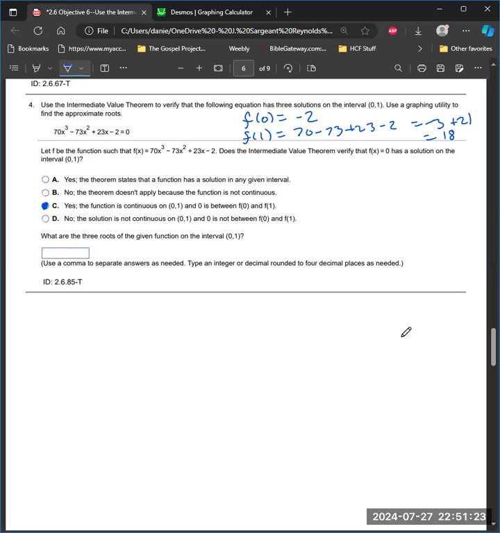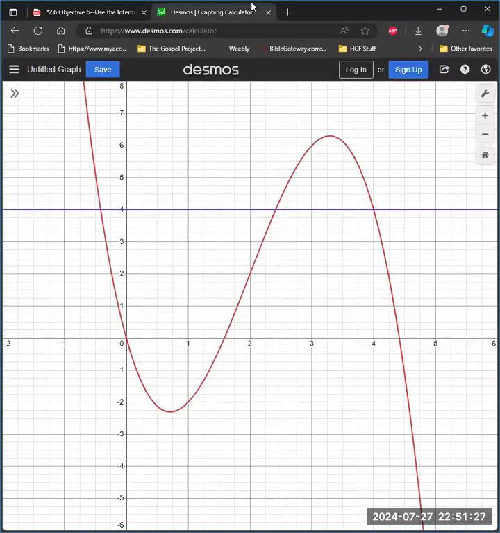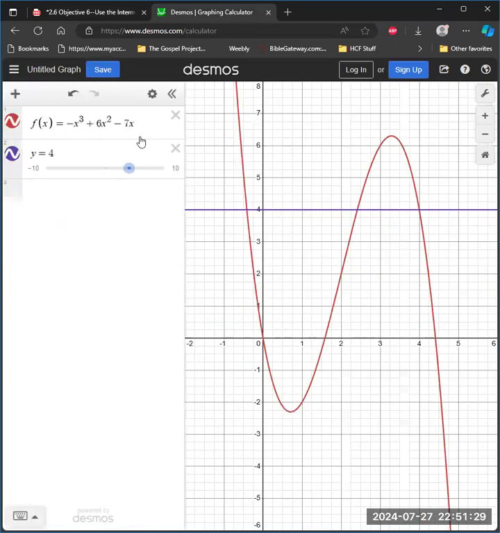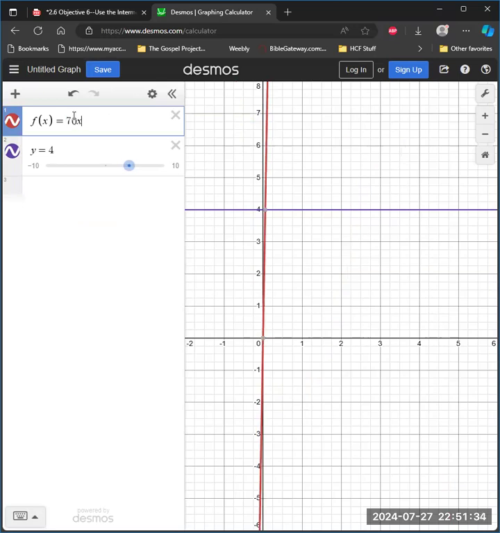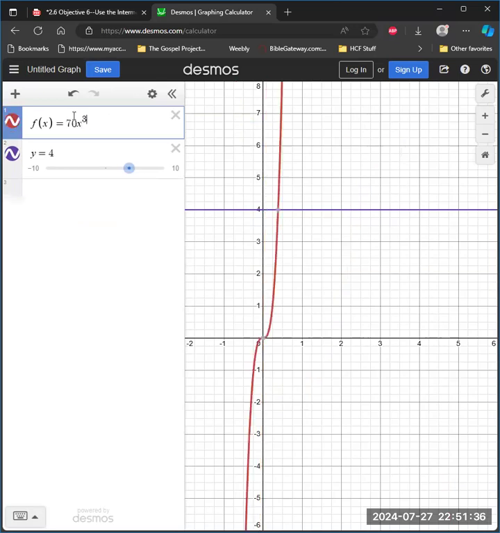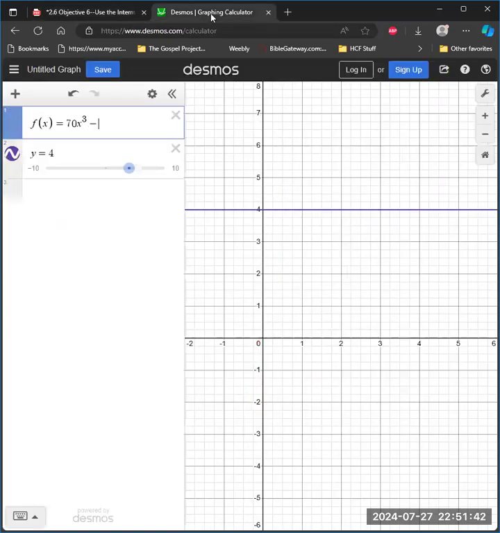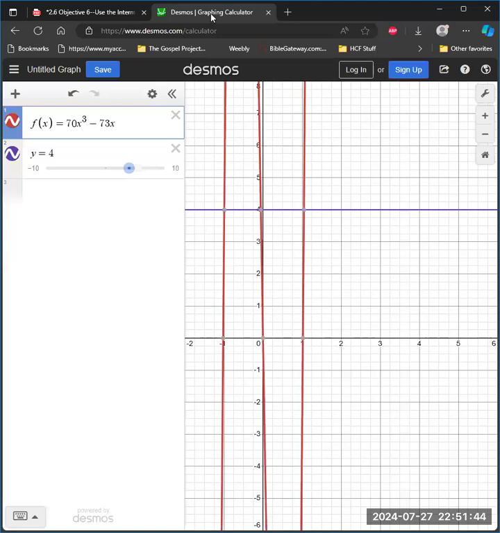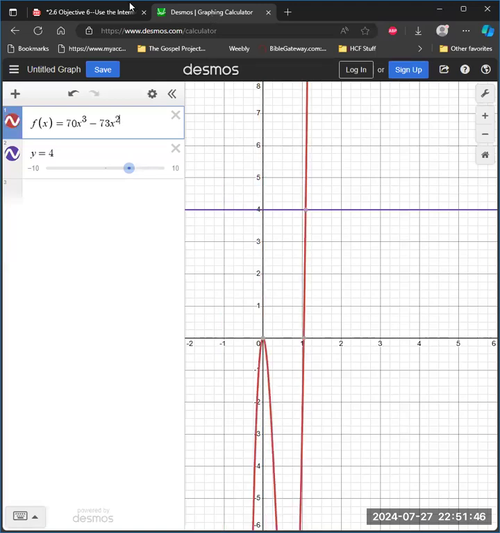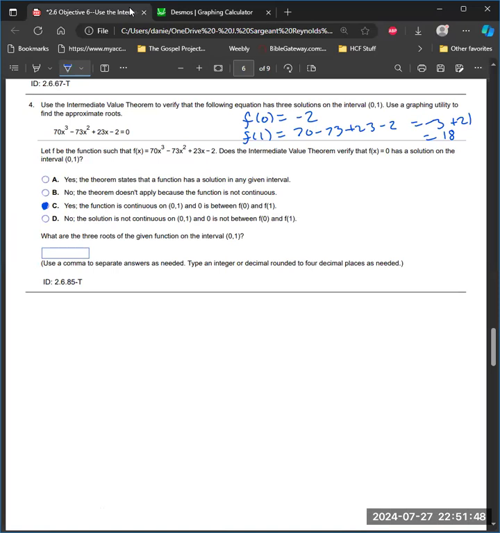And then let's go ahead and plot this. 70x to the third minus 73x to the second plus 23x minus 2.